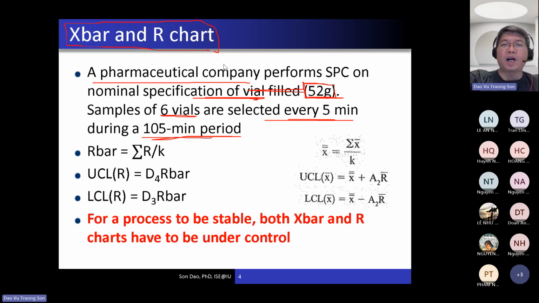And in 105 minutes, in total, how many samples should we collect? No answer? What?